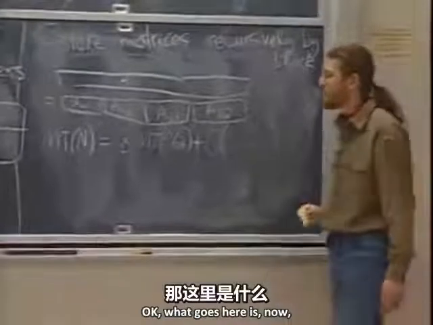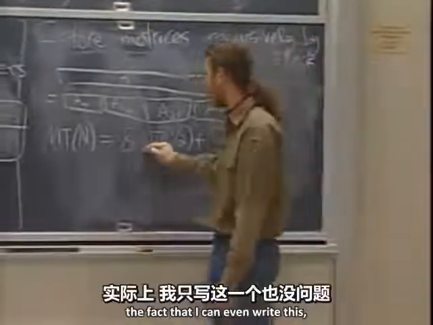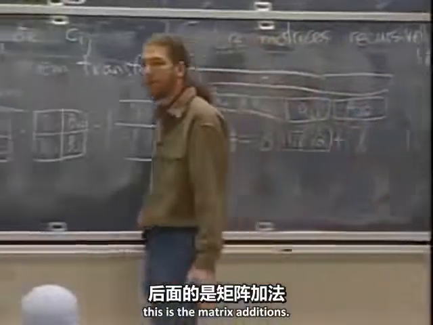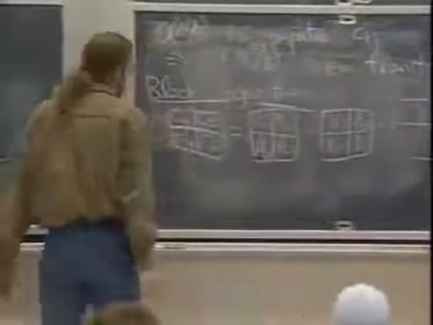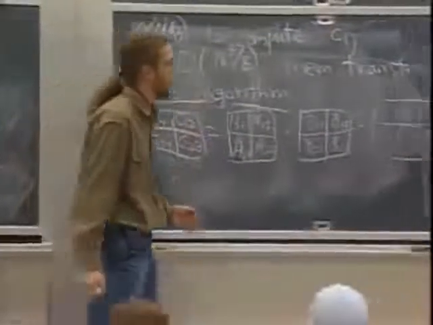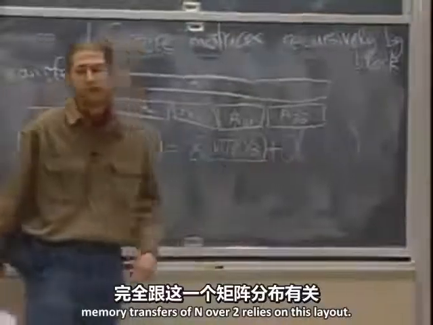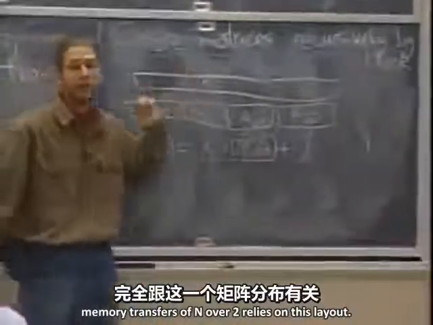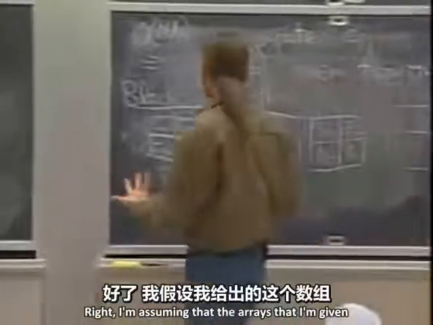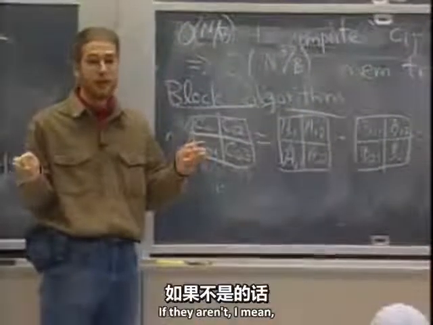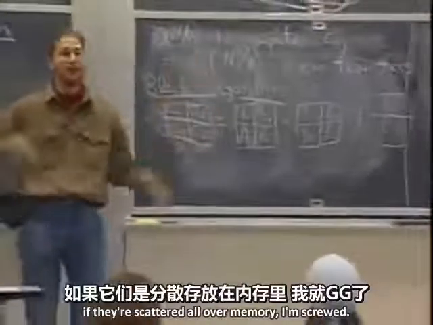Okay, what goes here is, well, now the fact that I can even write this, ignore the matrix additions for now. Suppose there weren't any. I just have to recursively multiply. The fact that this actually is 8 times memory transfers of N over 2 relies on this layout. I'm assuming that the arrays that I'm given are given as contiguous intervals in memory. If they aren't, if they're scattered all over memory, I'm screwed.